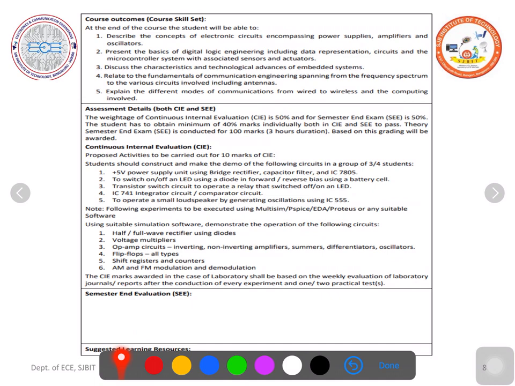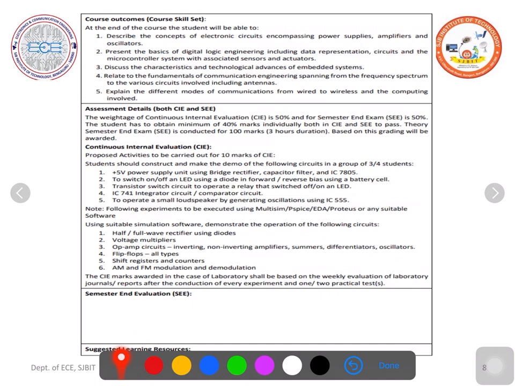You will be able to discuss the characteristics and technological advances of embedded systems. You will be able to relate to the fundamentals of communication engineering spanning from the frequency spectrum to the various circuits involved including antennas. And the last course outcome is you will be able to explain the different modes of communications from wired to wireless and the computing involved.